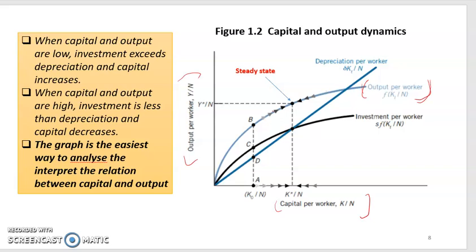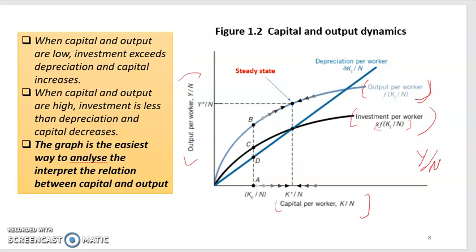We have to look at this one of investment per worker, which tells us that investment per worker has the same shape as the production function, but is lower by the factor of the savings rate. So this means that investment per worker increases with capital per worker, but at a decreasing rate and lower than output per worker.